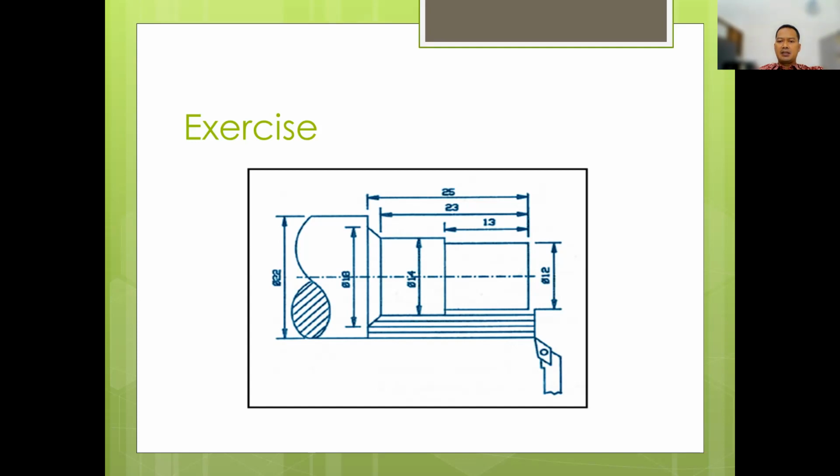For the diameter of 18 millimeters, the Z is 25. For the diameter of 14, the Z is 23. And for the last, the diameter 12, the length is 13. So you can put the Z from this figure.